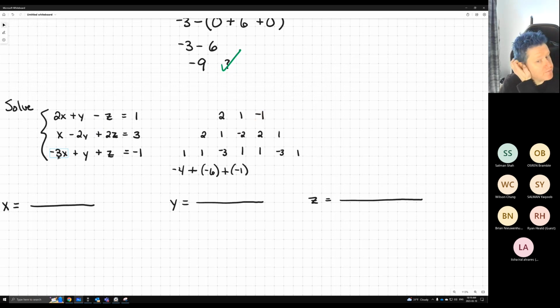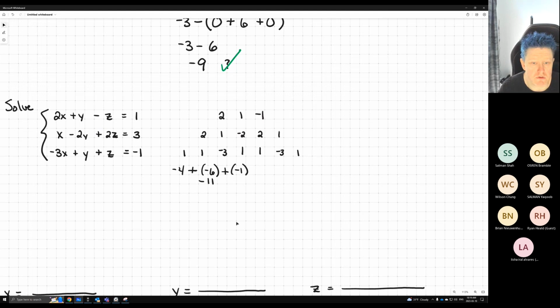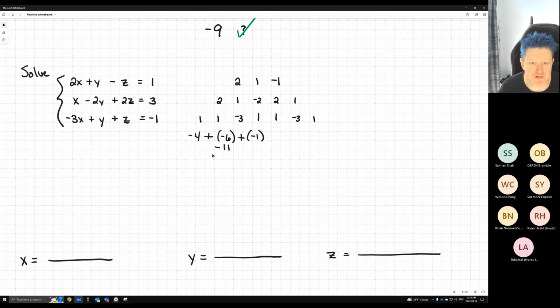Add all those up. So -4 plus -6, -1. I think it's -11. I'm going to move my X, Y, and Z's down a little further. All right, so that should be -11.